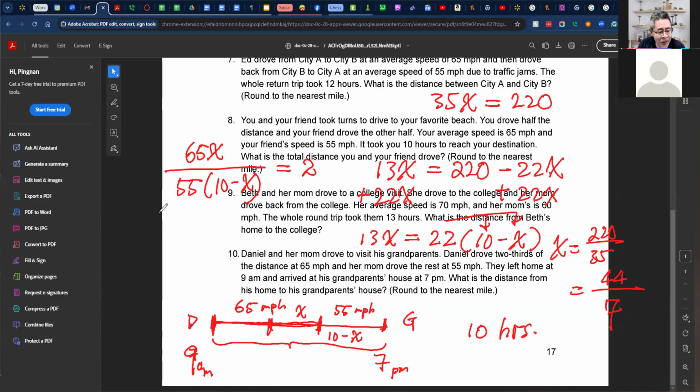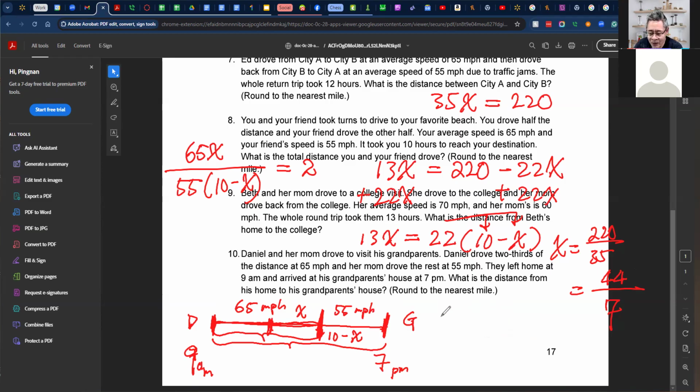Okay, so now we can use that to figure it out. Now we can either use this one, which is 2/3, and then we just multiply by 3 over 2 to figure out the total distance. Or we can find the distance based on how long his mom drove, then just multiply by 3.